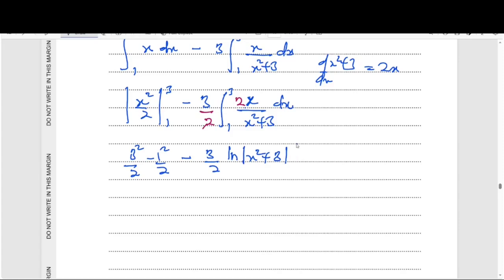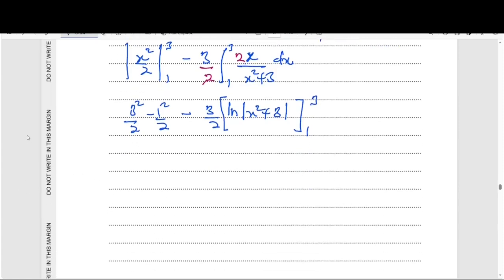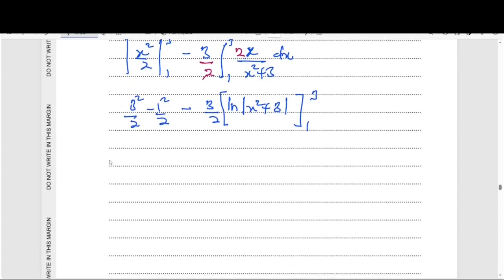And we don't need to add a c because there are limits. And yes, we can also factor out the 3 over 2 and then the limits 3 and 1 here. And let's simplify this. We have 9 over 2 minus 1 over 2, or 9 minus 1 over 2. So we have 8 over 2 at the left side.